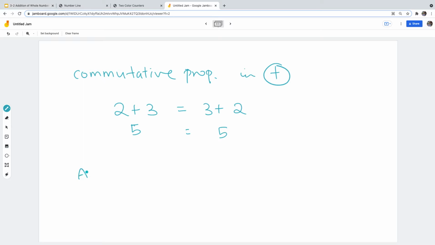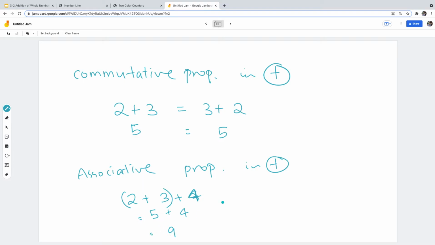Next one is the associative property. Associative property in addition. Yes, you can associate things. So when you have more than two numbers, for example, let's have 2 plus 3 plus 4. In this order, you're going to add these two together. So you're going to do 5 plus 4 is equal to 9, right?